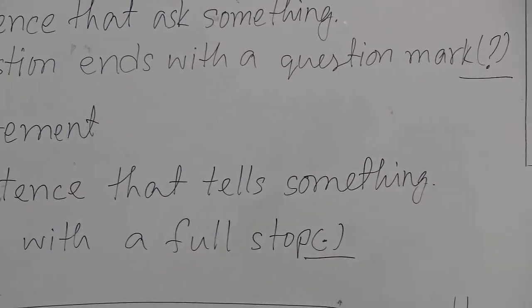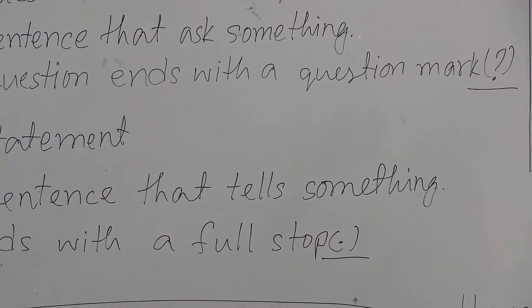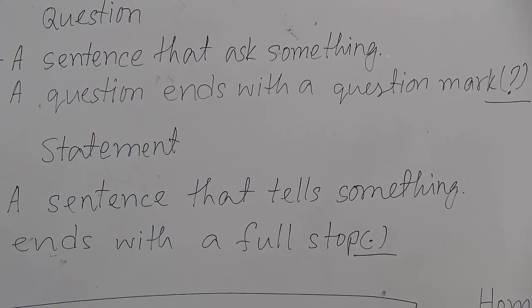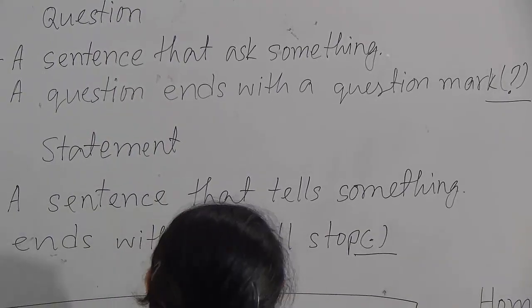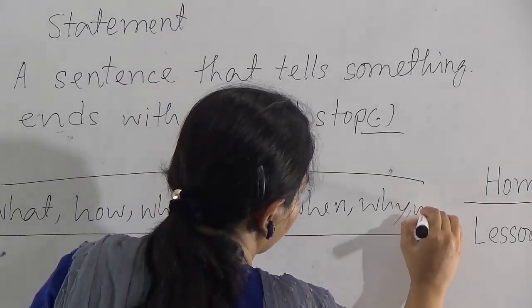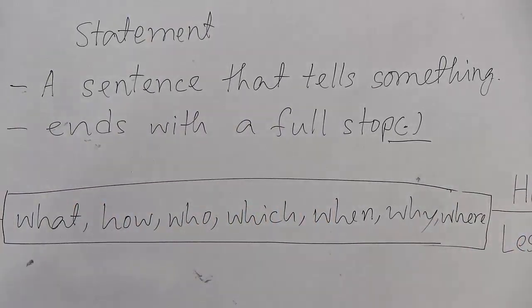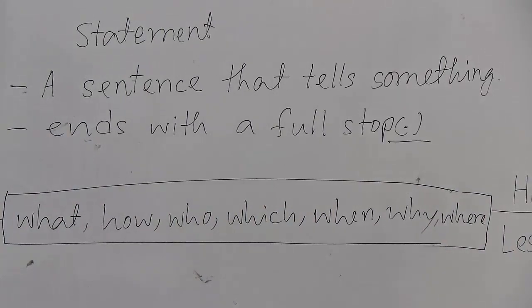And most of the time, usually we use the words like what, how, who, which, when, why, where. Okay, let's write where. You can also use where to ask question.